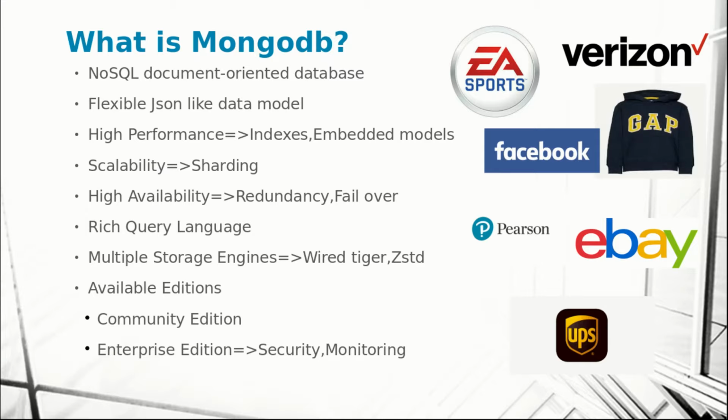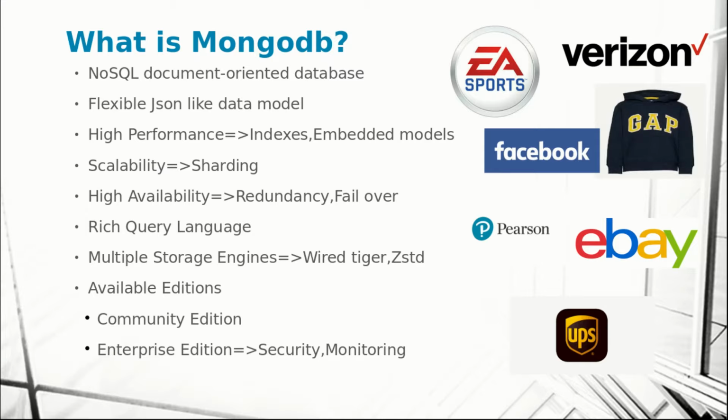And when you use enterprise edition in your data center, you will get features like security, monitoring, so on and so forth, right? And in addition to this, you will have Atlas edition, which is the version where you deploy MongoDB in cloud environments. So based on your preference, you can pick your edition.